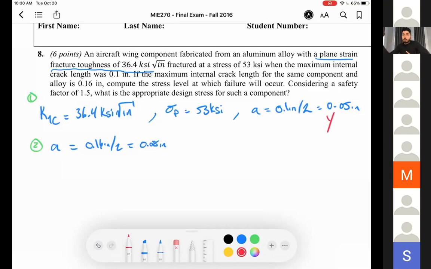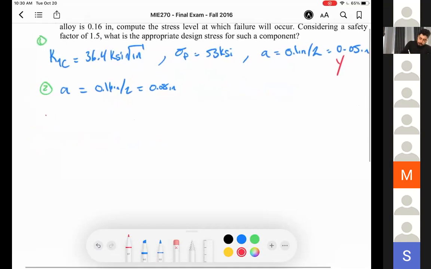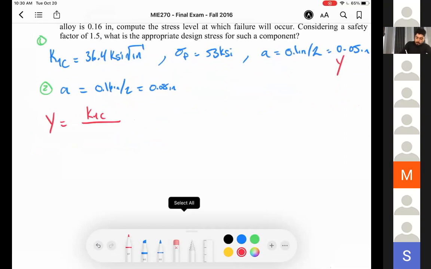And with that, then we can relate it to the second component or the second test. Okay, so let's solve for our geometry factor first. So our geometry factor is equal to K1C divided by the critical stress times the root of pi a, right?